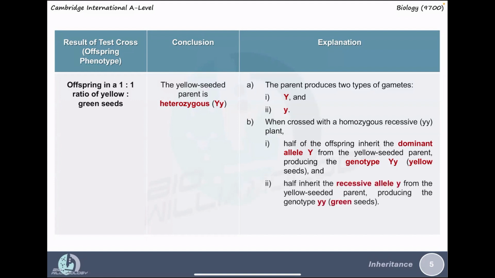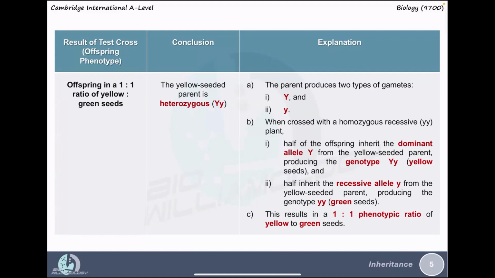The other half inherit the recessive allele y from the yellow-seeded parent, producing the genotype yy, which codes for green seed. So this results in a 1-to-1 phenotypic ratio of yellow to green seed.